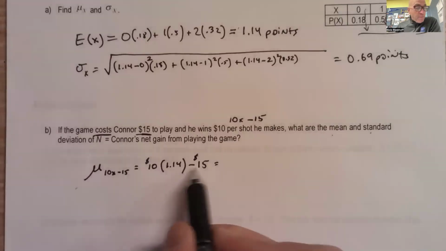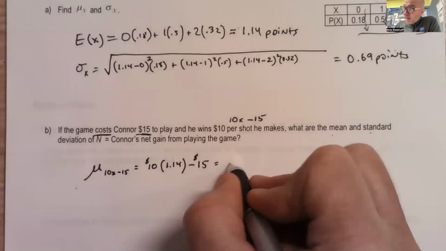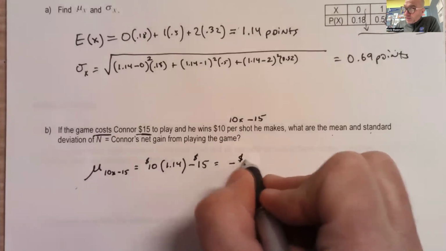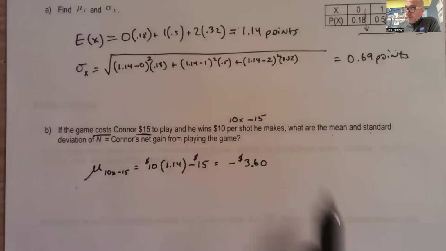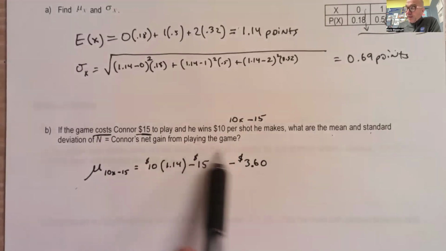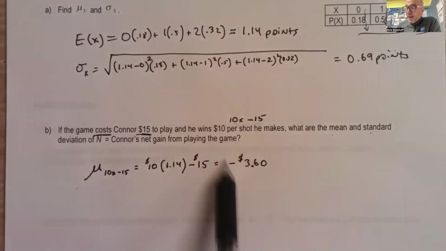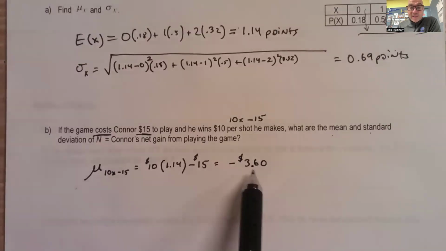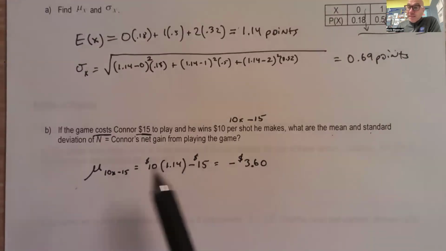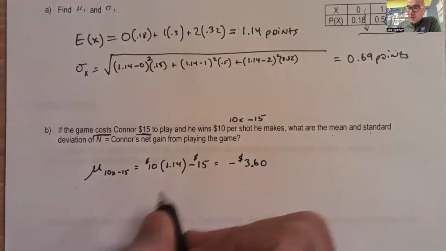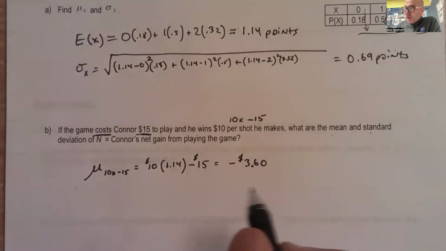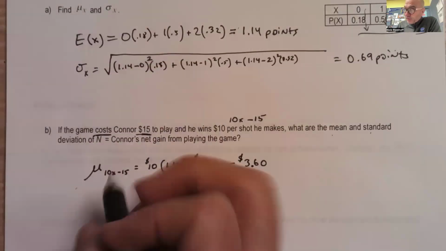So 10 times this minus this is negative $3.60. Okay, so this is his net gain from playing the game. Each time he plays, he would be expected to lose $3.60. Not a fair game, right? Or at least for him. If you're the carnival owner or whatever, you're crushing it.